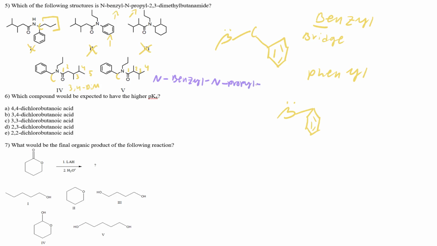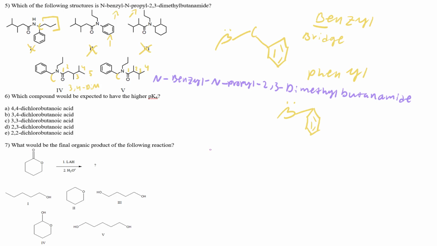And then we do the standard nomenclature. So we have 2,3-dimethyl butan, that comes from the 4 carbons, and then the nitrogen is directly attached to a carbon that has an oxygen, making it an amide.